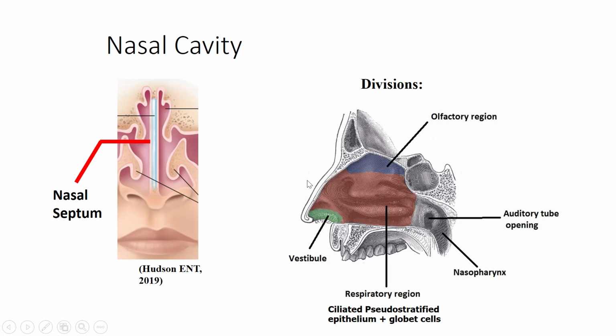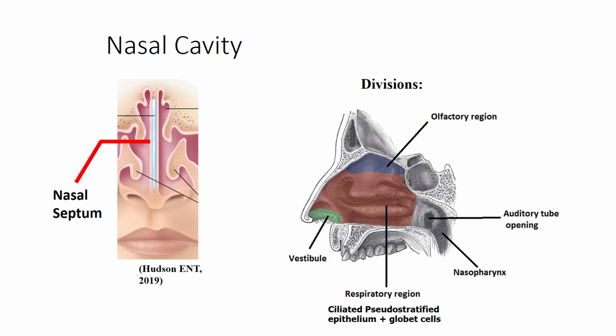And then we have this respiratory region. This one is lined by the typical epithelium located in the respiratory tract, which is the ciliated pseudostratified columnar epithelium. And this one will be interspersed with mucus secreting goblet cells.